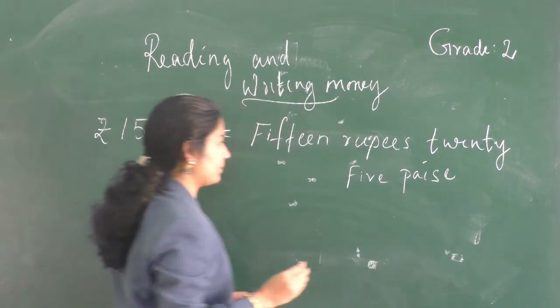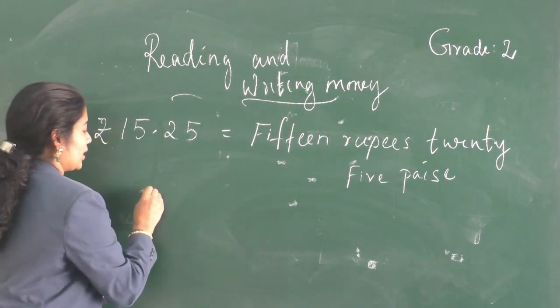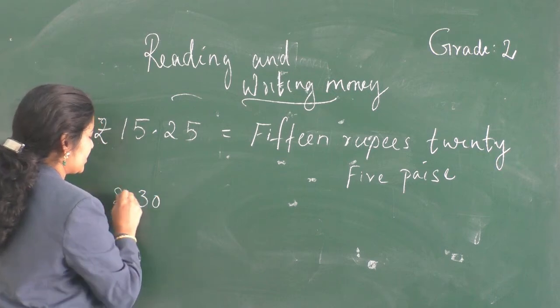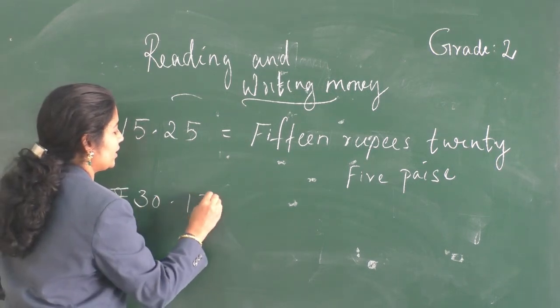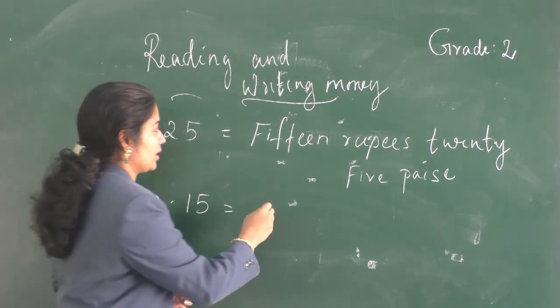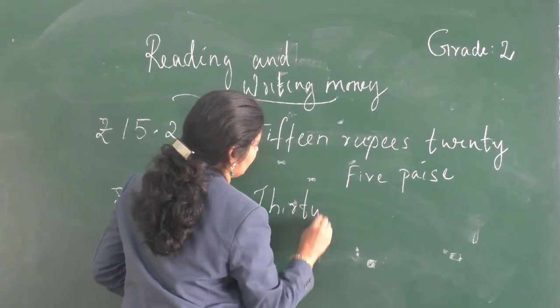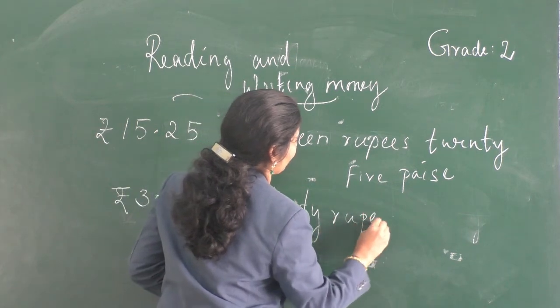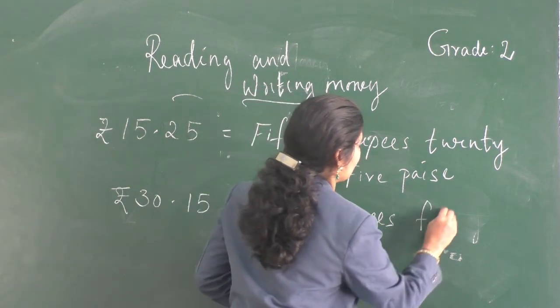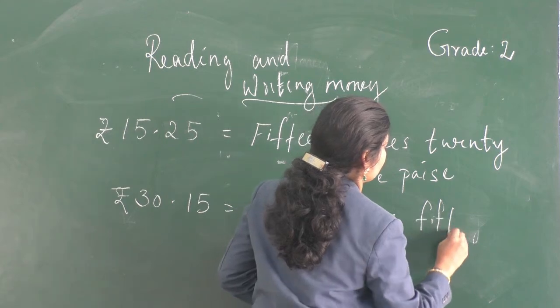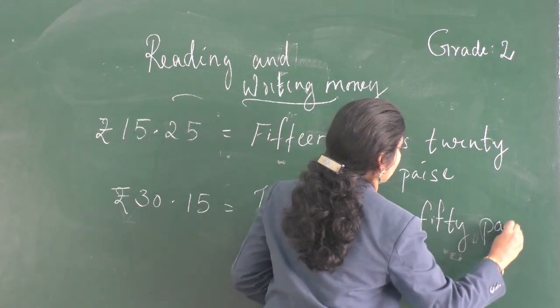We'll take another example. 30 rupees 50 paise. We can write 30 rupees 50 paise.